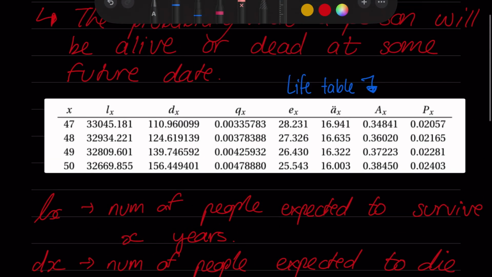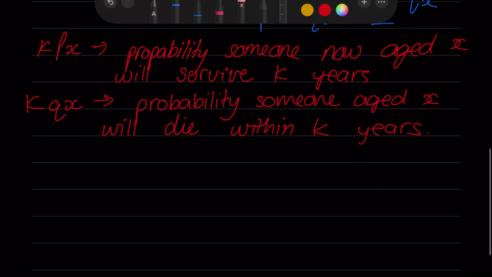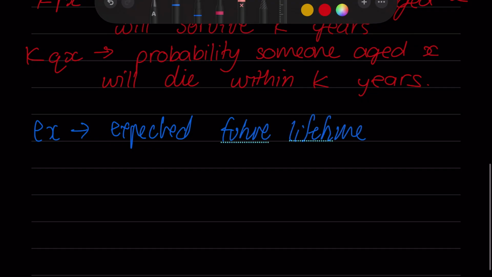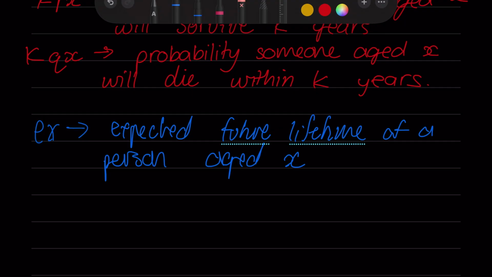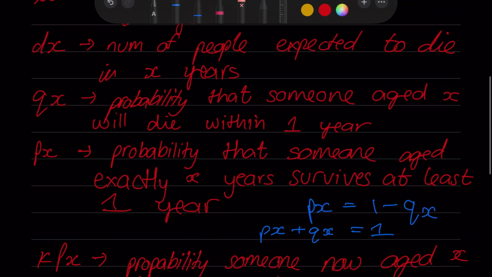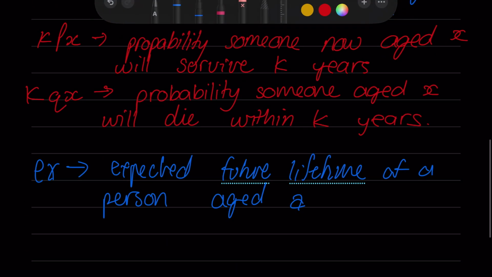And then I didn't write ex. Okay, let's talk about ex. Let me just write that down here. So ex is a continuous random variable that's the expected future lifetime of a person aged x.